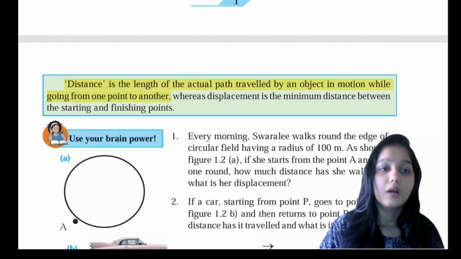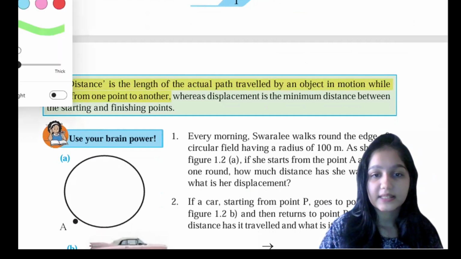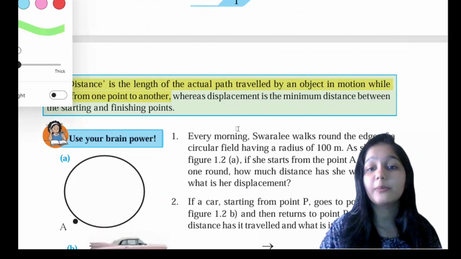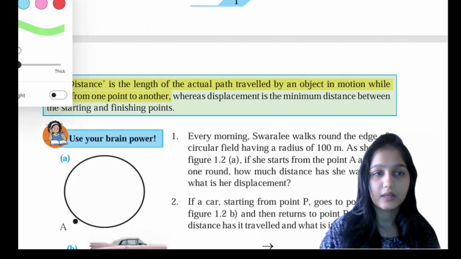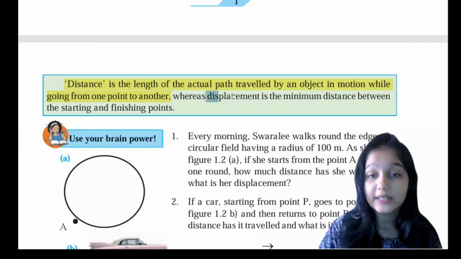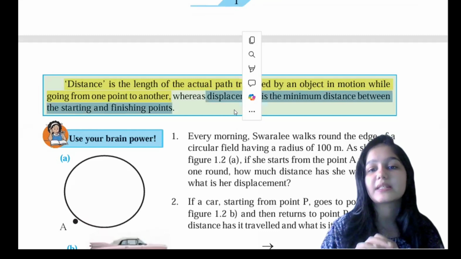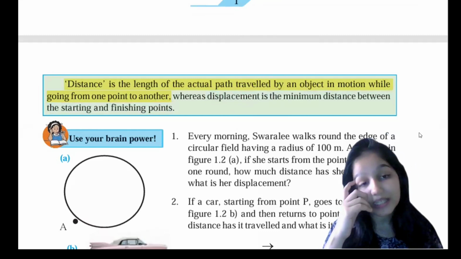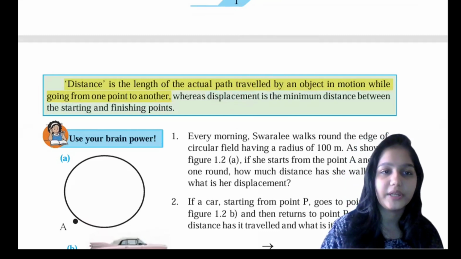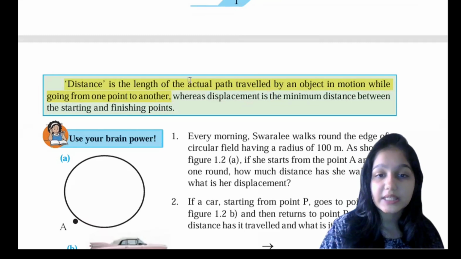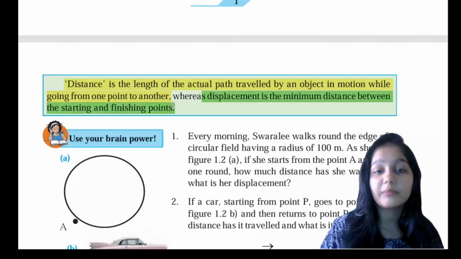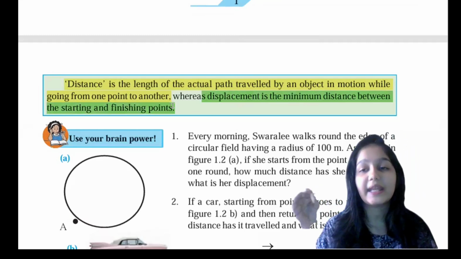Yes. Next, whereas displacement is the minimum distance. What is displacement? Displacement is the minimum distance between the starting and the finishing point.